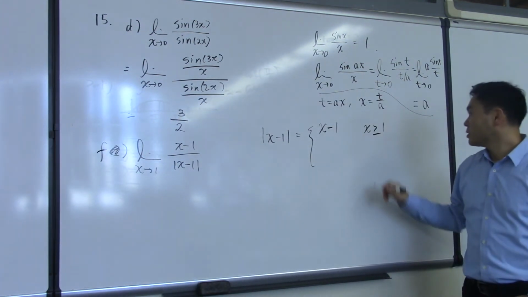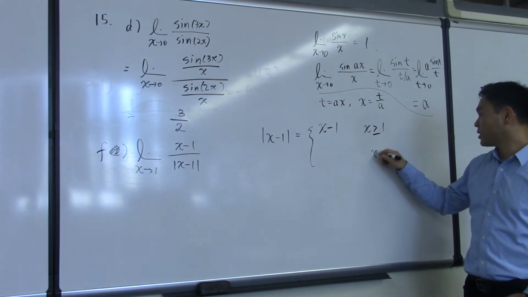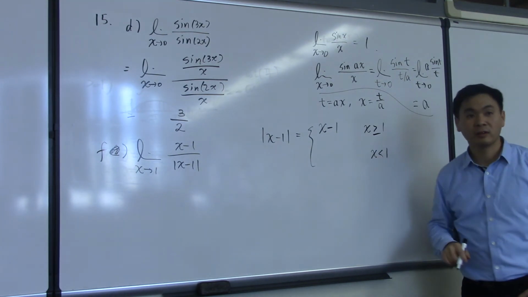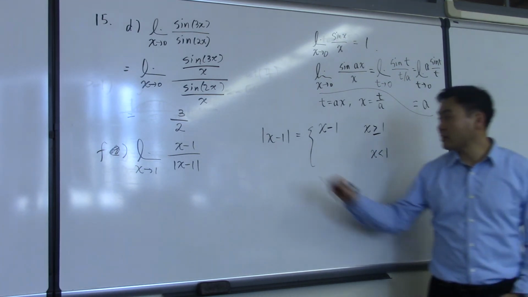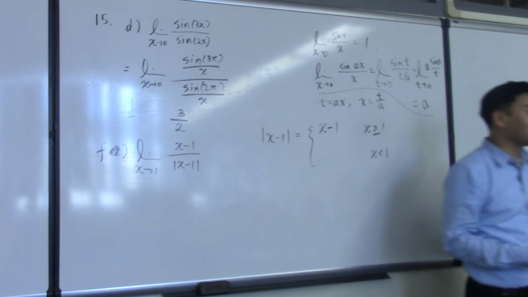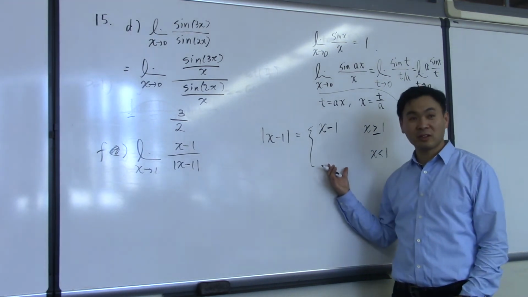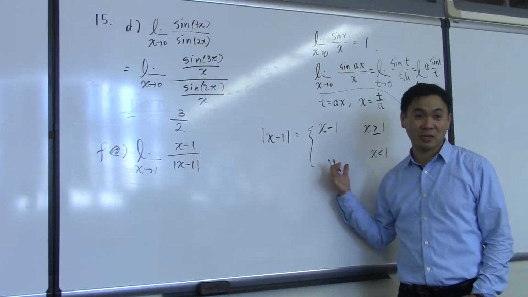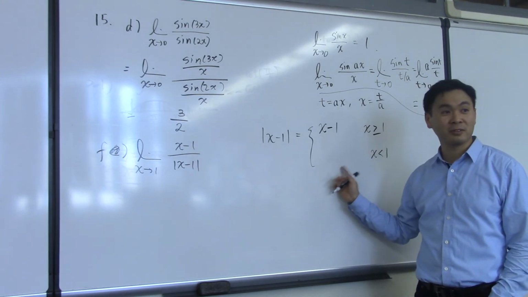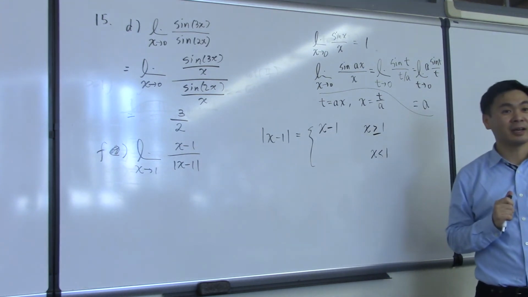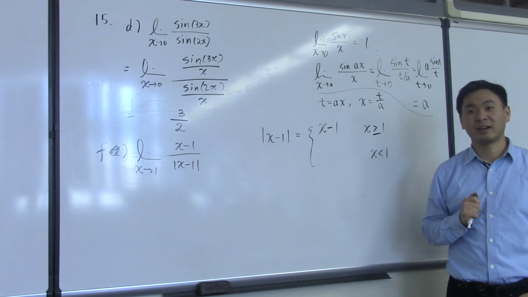Okay. Now let's look at the case when x is less than 1. Now, if x is less than 1, it would do something, wouldn't it? Absolute value of x minus 1 wouldn't be just x minus 1. If you write down x minus 1, it's like not doing anything. So I have to put something different. What should we write? Anybody? No, it doesn't give you 0.